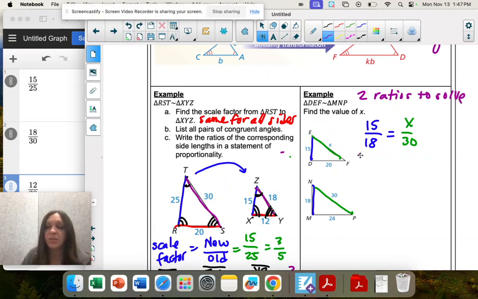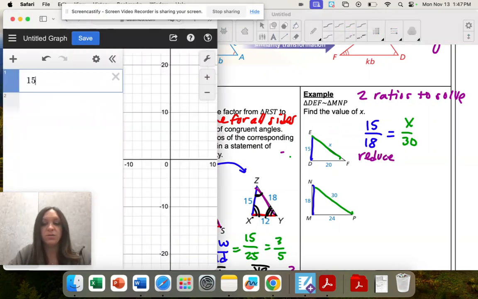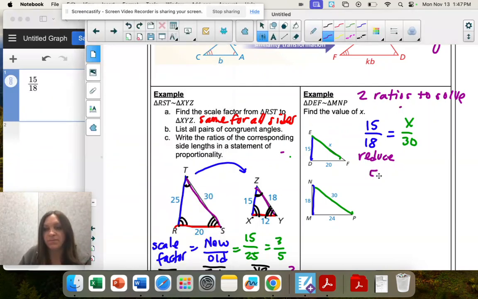So first thing, I'm going to reduce this fraction. So 15 over 18 reduces to 5/6. And then we do this thing called cross multiply.